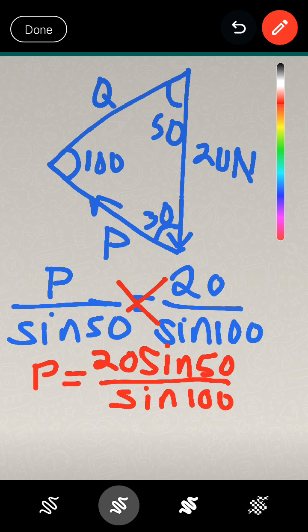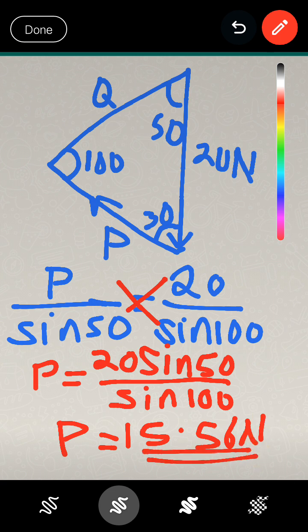Calculating this, the tension in P will be 15.56 Newton.